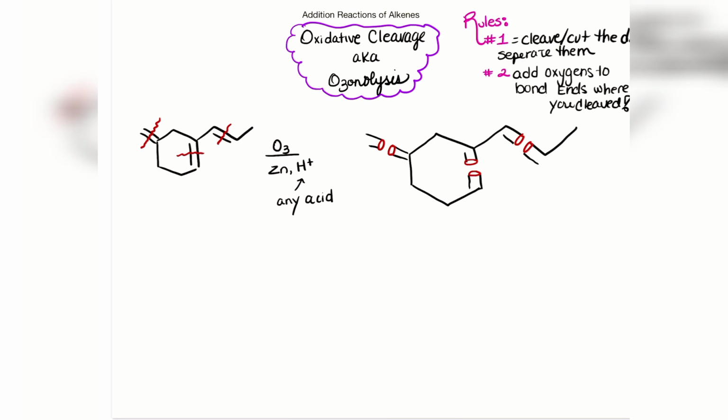The purpose of O3 is to create carbonyl compounds. Let's go back and make sure we understand: carbonyls are C double bond O's. We have different types of carbonyl compounds that actually have names.